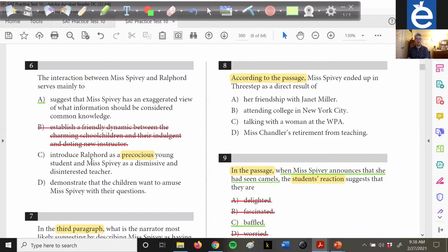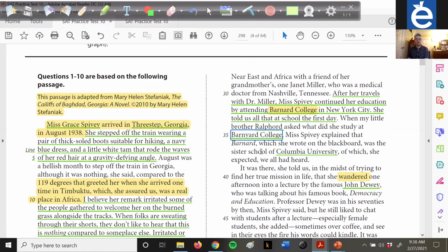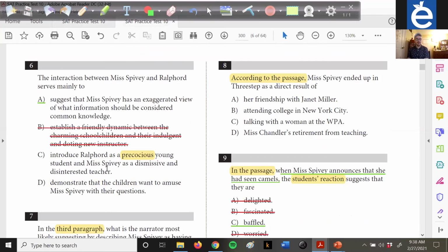And Miss Spivey doesn't really dismiss him, right? She explains what's going on. So I wouldn't say she's disinterested, and I certainly wouldn't say Ralford's precocious. Not stupid, just hasn't heard of Barnard College.